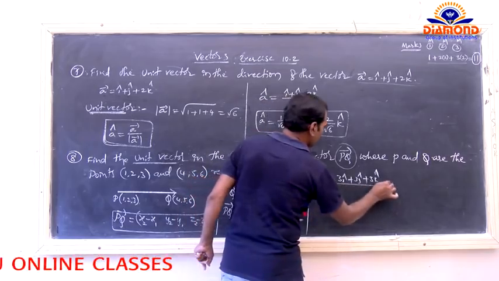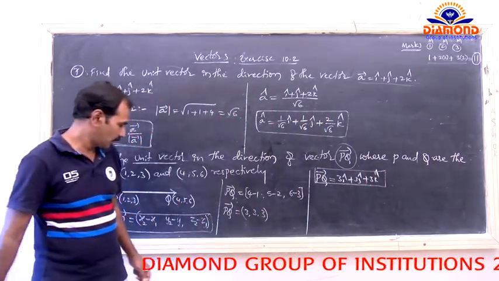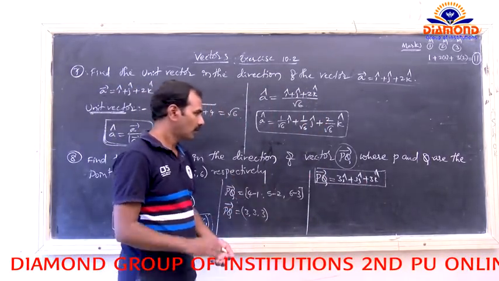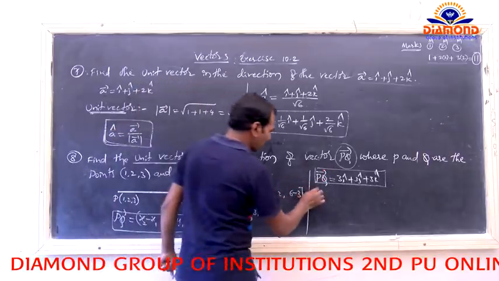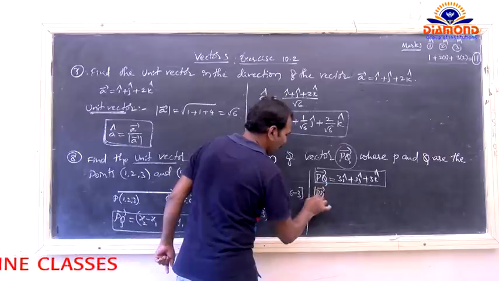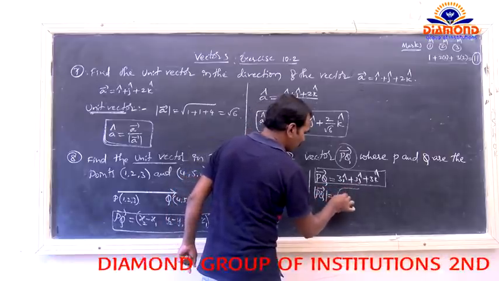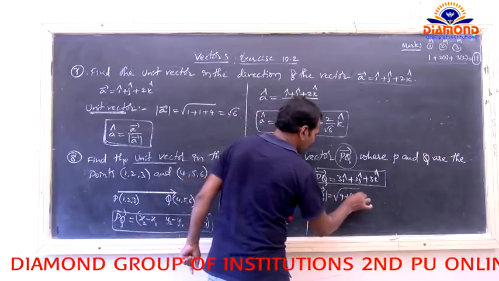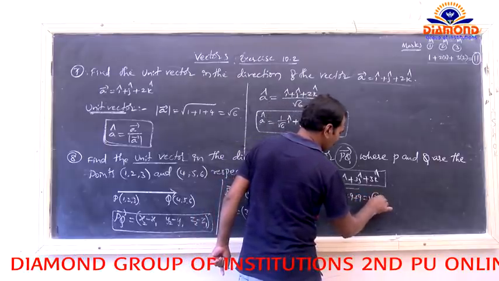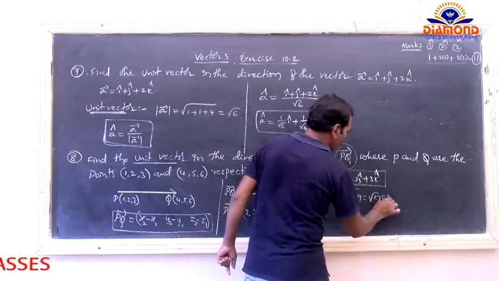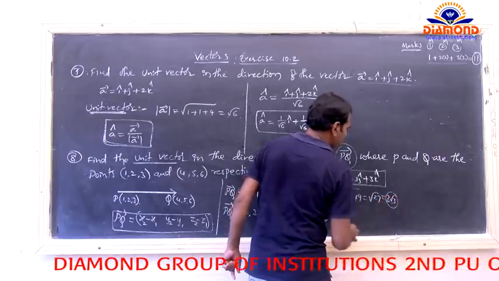So this is the PQ vector. First the PQ vector, after that the unit vector. Unit vector means we need PQ magnitude. PQ magnitude is square root of 9 plus 9 plus 9, again root 27. Root 27 is nothing but 3 root 3.